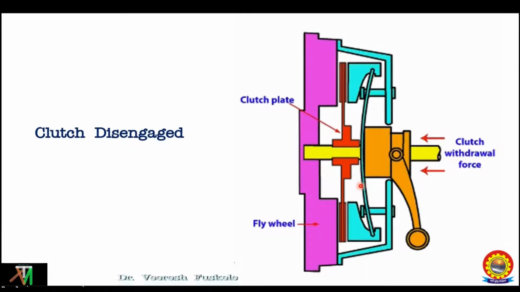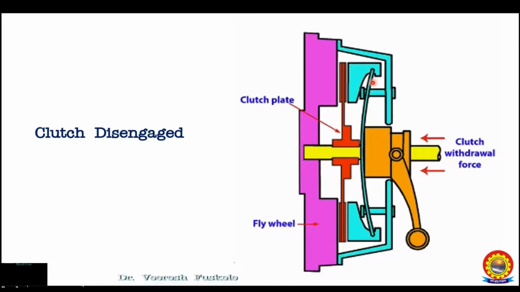So when the force is applied in this direction by the release bearing, the outer end of the diaphragm spring is moved in the opposite direction. So it moves the pressure plate assembly to the right. As you can see, the pressure plate assembly moves to the right.